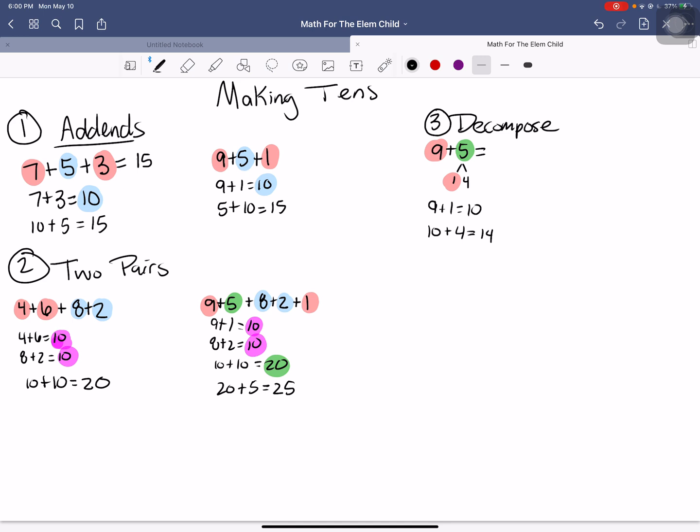Let's do a number that has already been broken down. So let's do 7 plus 3 plus 4. If we were to add the 3 and 4, that would be 7. So those would be 7 plus 7, which are doubles. And doubles are pretty friendly to work with also.